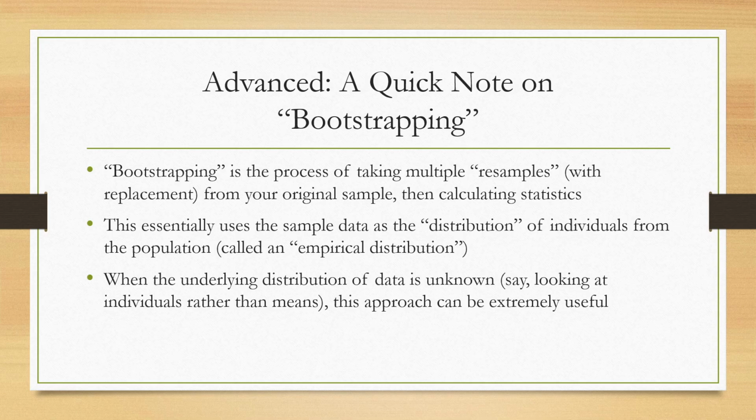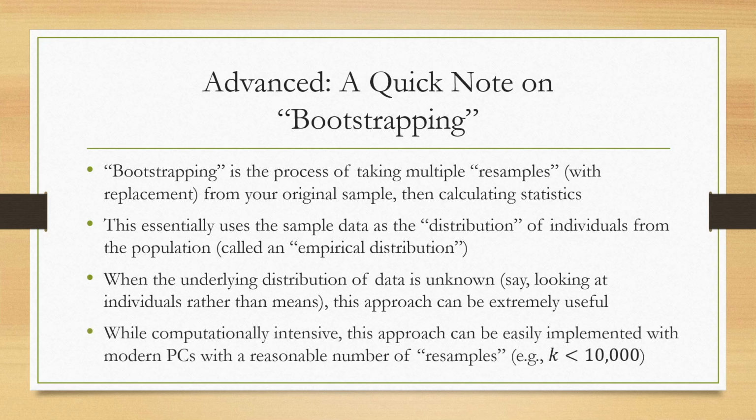In any case, we do that over and over and over again. We create our own custom sampling distribution by physically, manually calculating it. And then we use this to make our determinations, just as we used our sampling distribution before.